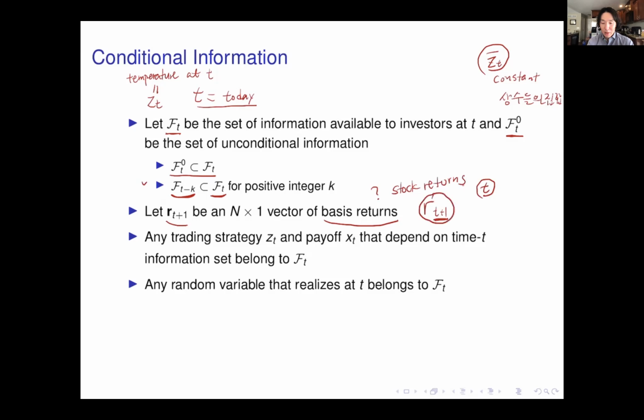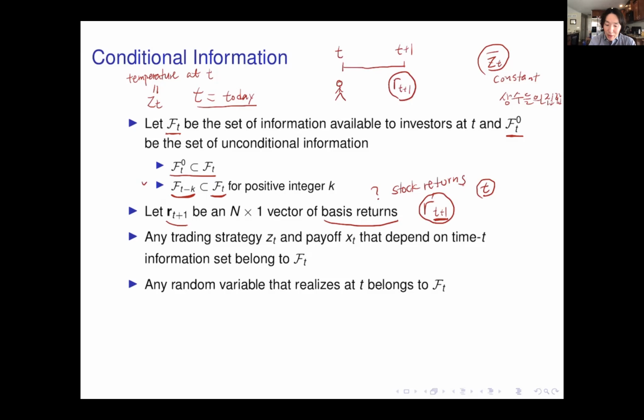In other words, for the investor that is in time t, okay, so the current time is t, future time is t+1. So the investor who is at time t, for that investor, this return that is going to be realized at t+1 is not known.